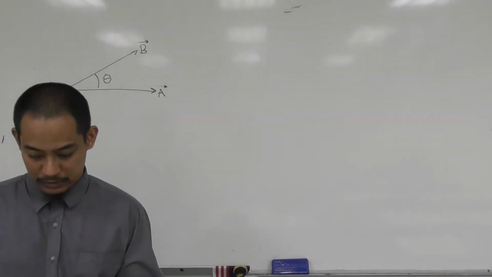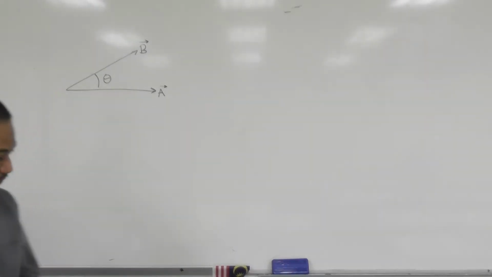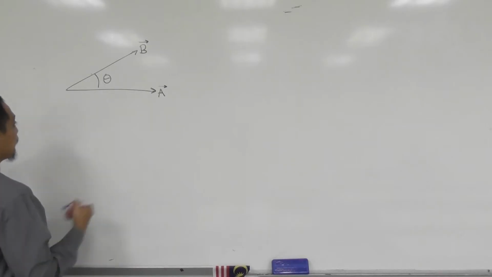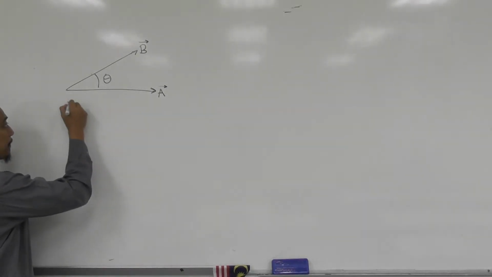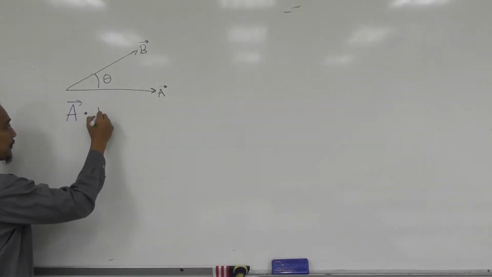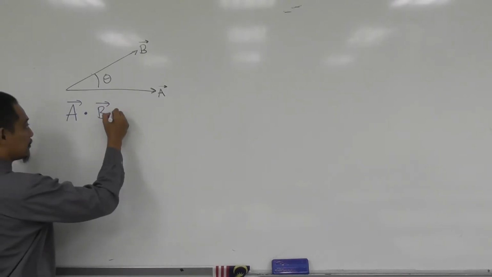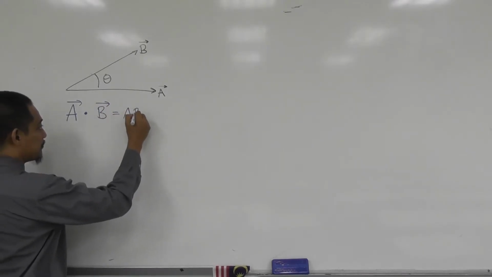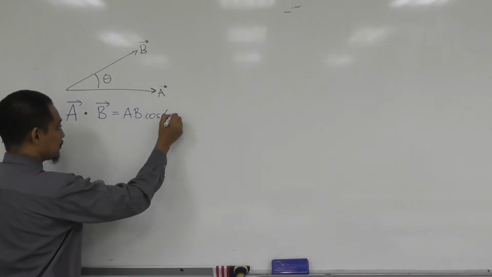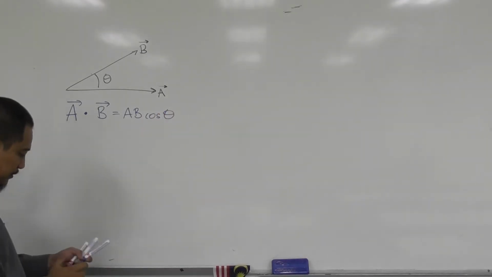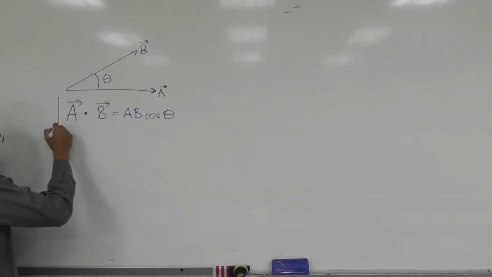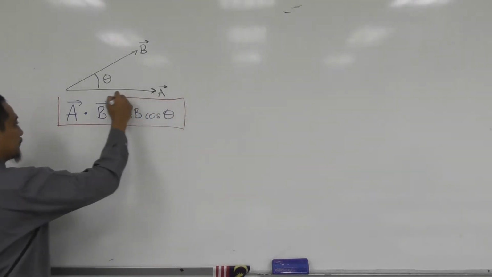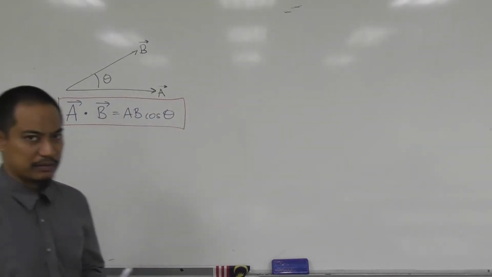Okay, so the definition of dot product is A dot B equal to AB cos theta. I'm assuming you have seen this already before, in mathematics or something.